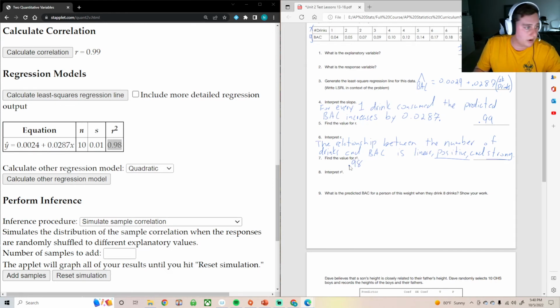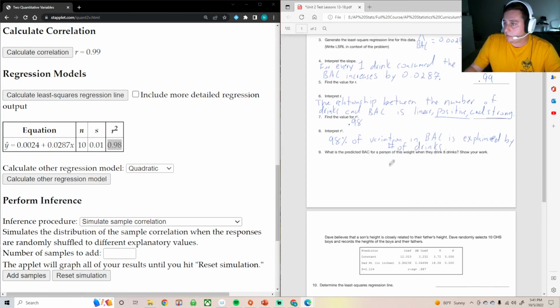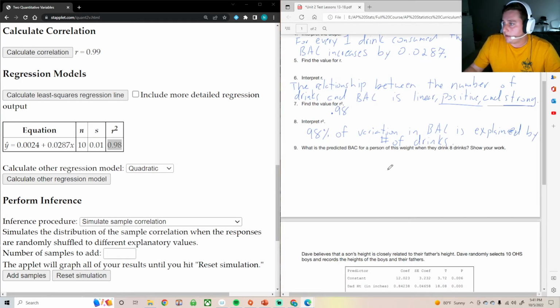Okay, interpreting R squared. 98% of variation in blood alcohol concentration is explained by number of drinks. Okay, there's that.